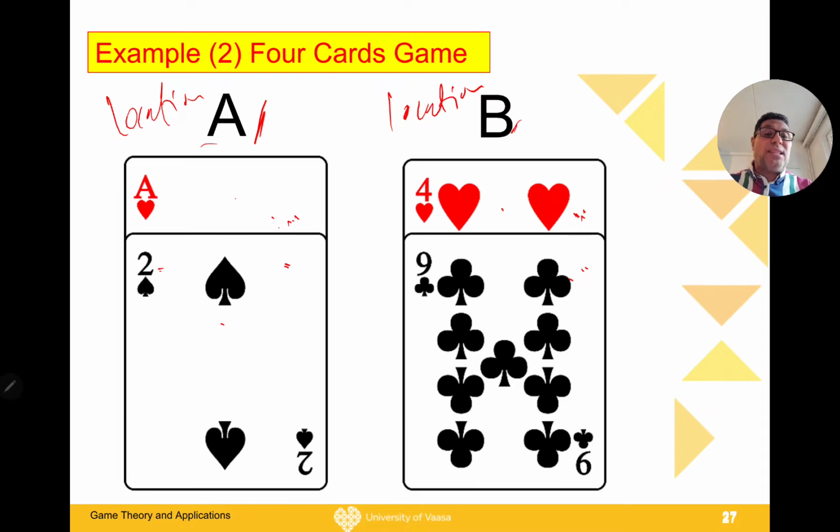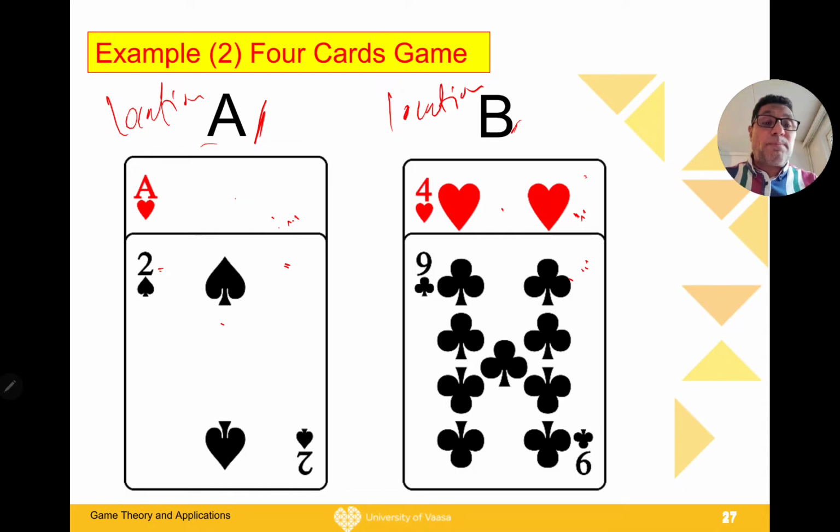When they draw both cards, then they are the loser, because they make the locations empty. But if player 2 in this case draws only one card, then they leave one card. Then it is the turn of player 1, who will have only location B with one card, and it will be the last card. In this case, player 1 is the loser. So this is simply the game.